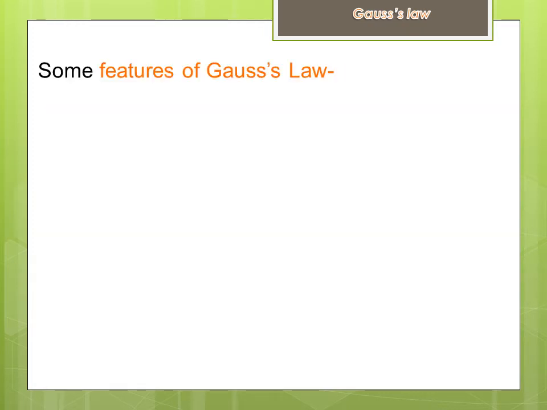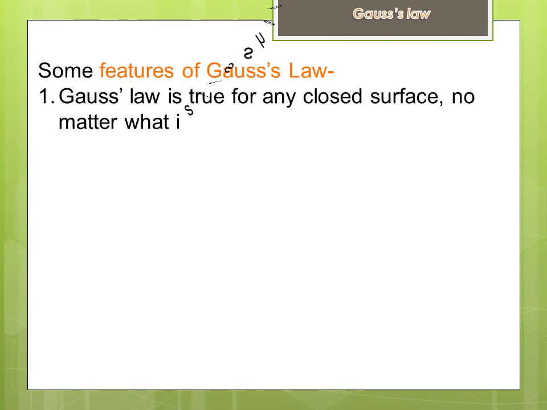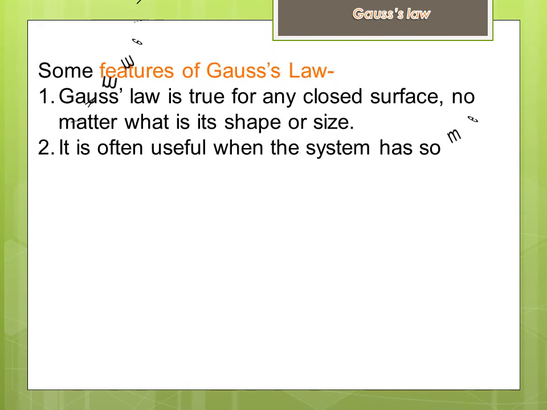Advantages of using Gauss law: there are certain features. First, the Gauss law is true for any closed surface, no matter what its shape or size. Second, it is useful when the system has some symmetry.